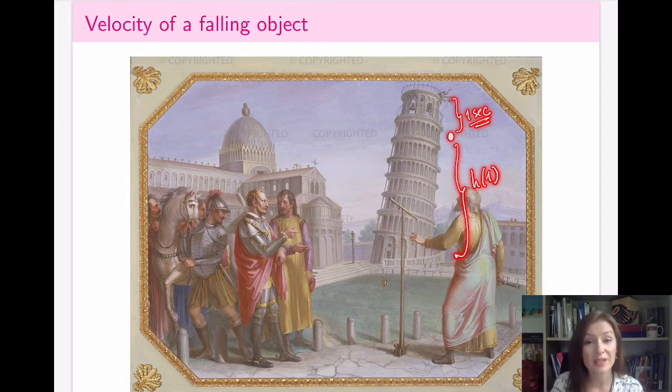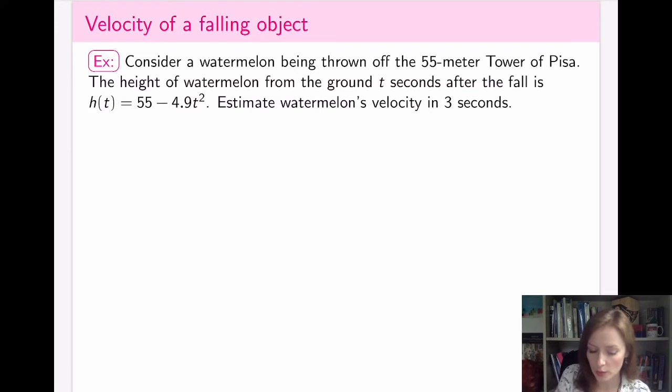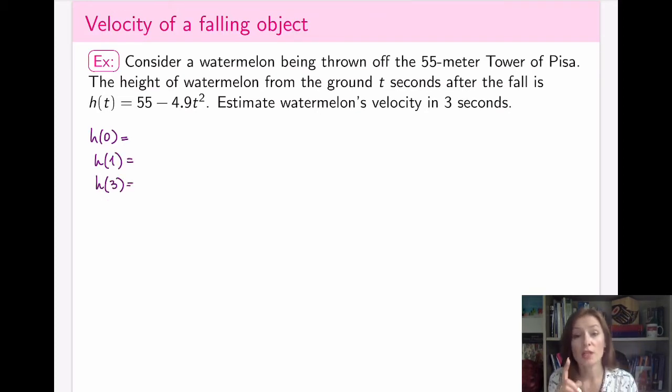Okay? Let's plug in some numbers just to sort of see how this function would work. So let's say I would like to compute h of 0 and then maybe h of 1 and let's say h of 3. Okay? So h of 0 means the height of the watermelon 0 seconds after the fall. 0 seconds after the fall means right before you actually threw it off.